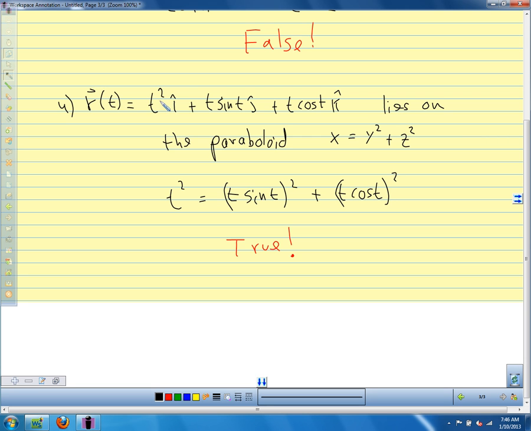The way that I usually look at it, I think Cole saw the bigger picture all at once. I would look at the y and the z component and say y squared over t squared added to z squared over t squared would equal 1. It's essentially the same thing.